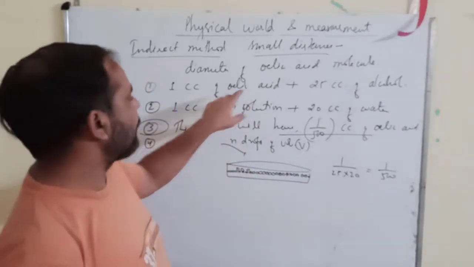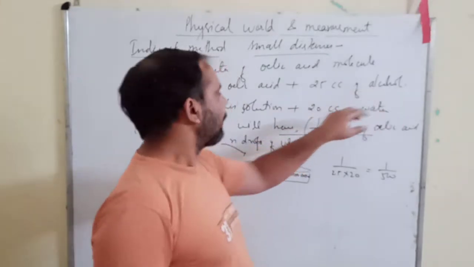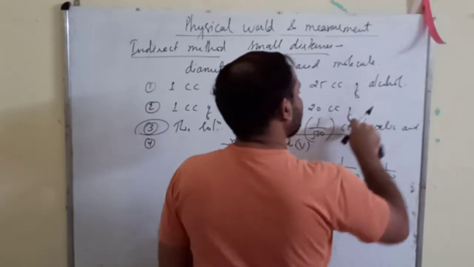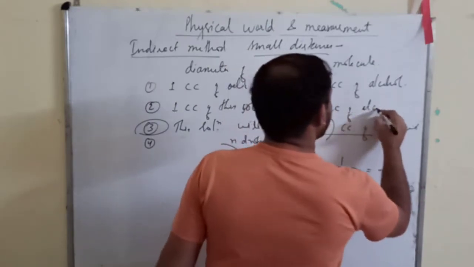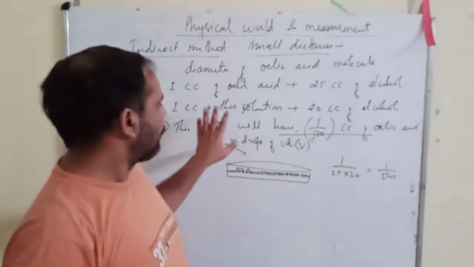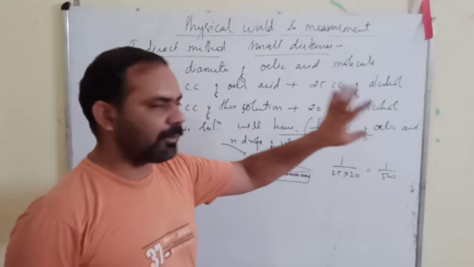So the solution is 1 cc of oleic acid with 25 cc of alcohol. Then 1 cc of this solution goes to 20 cc of alcohol again, not water. Why we took alcohol, I will tell you. Now this solution will have 1 by 500 cc of oleic acid.